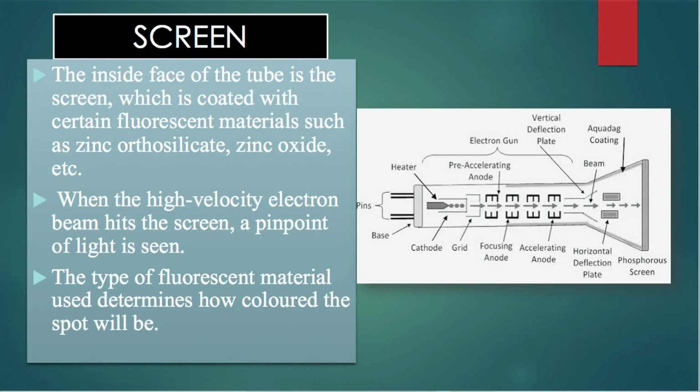The type of fluorescent material used determines the color of the spot. The screen has tiny phosphor dots that emit red, green and blue light when hit by the electron beam, and this creates the images that we see on the screen.